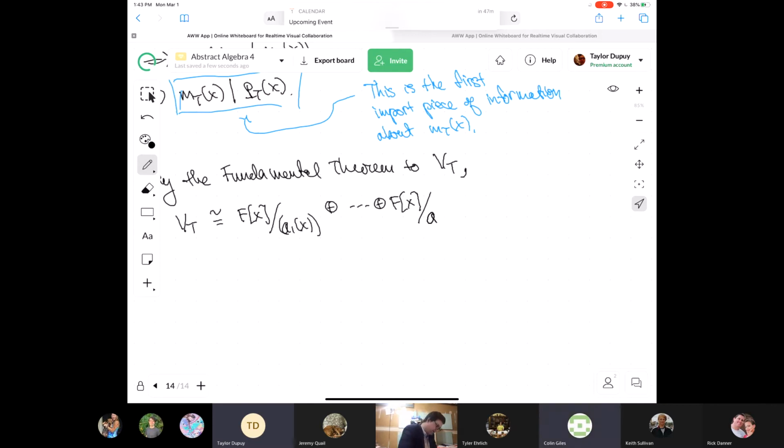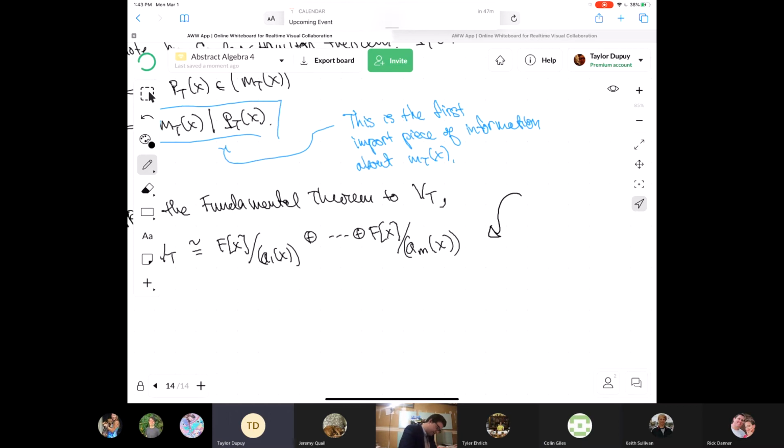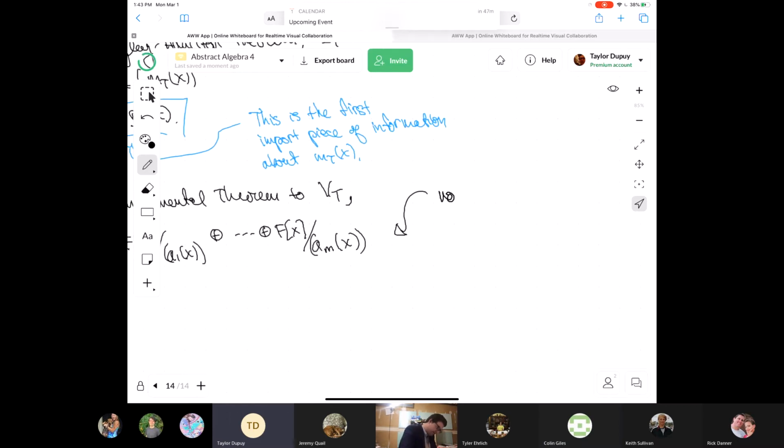Sure. This subscript has nothing to do with that m. So there's no torsion part here, so there's no free part, since V_T is finite dimensional.